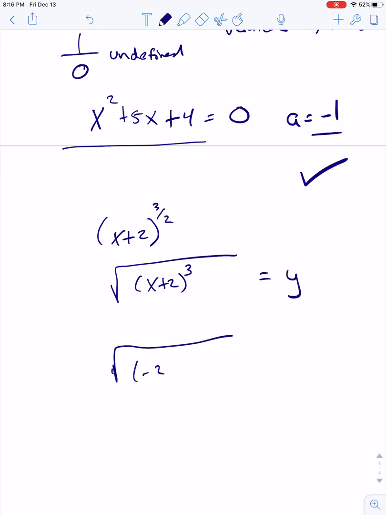What happens when you plug in -2? Well, you get 0. It's not undefined. If -2 were an asymptote, the graph would be undefined at that point. Okay, so that's the same method for each of those.